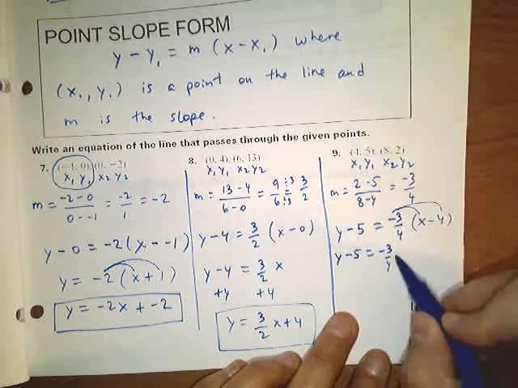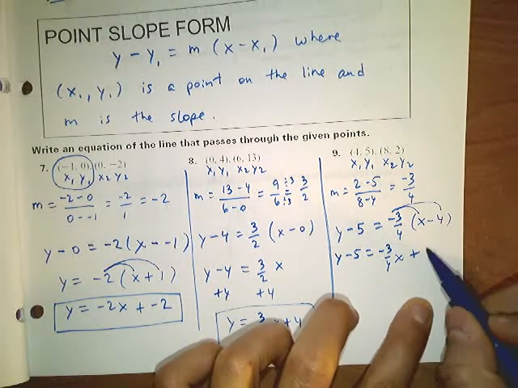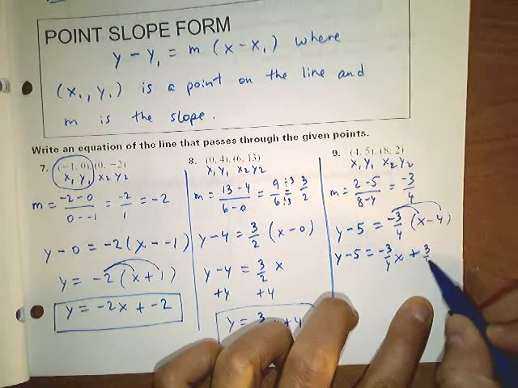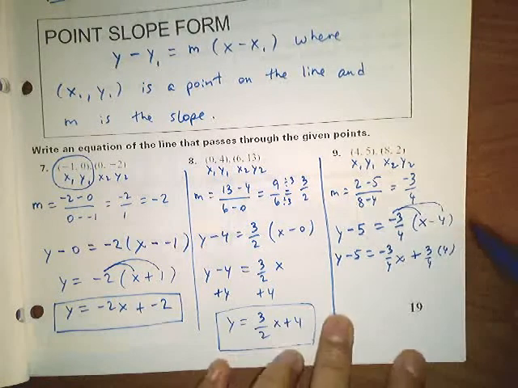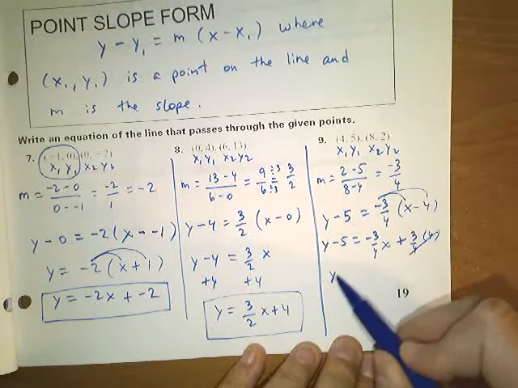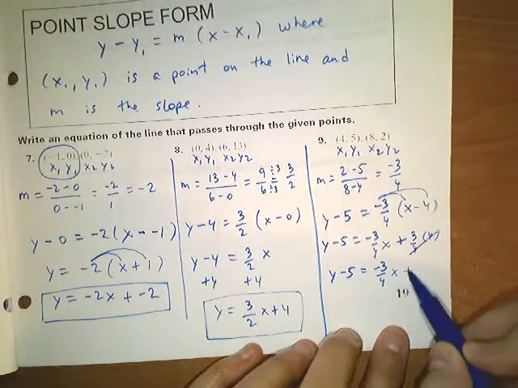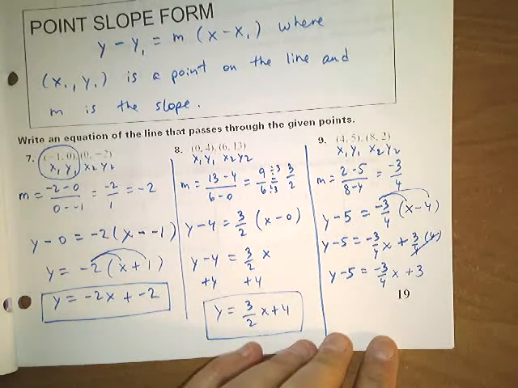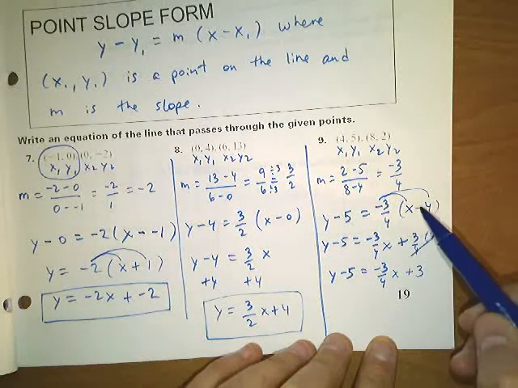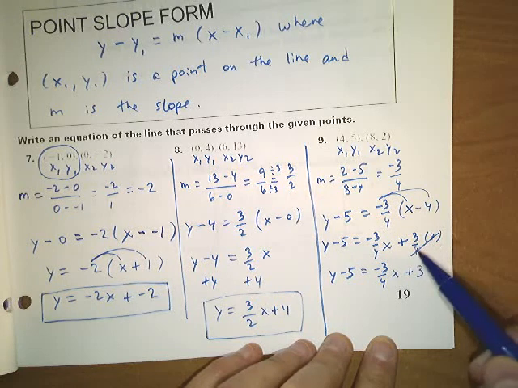So I get -3/4 x plus, because we multiply negative times negative, you get a positive. If I multiply 3/4 times 4, the 4 on the top cancels with the 4 on the bottom, and you just get the number 3.